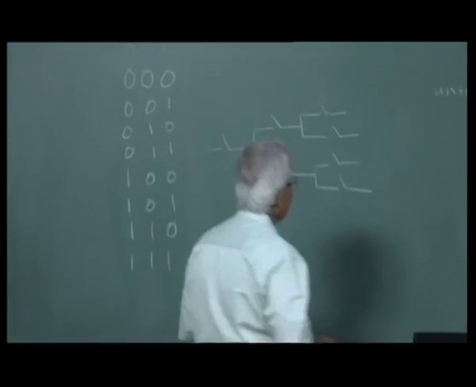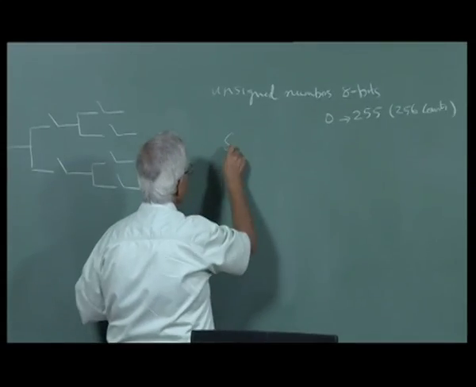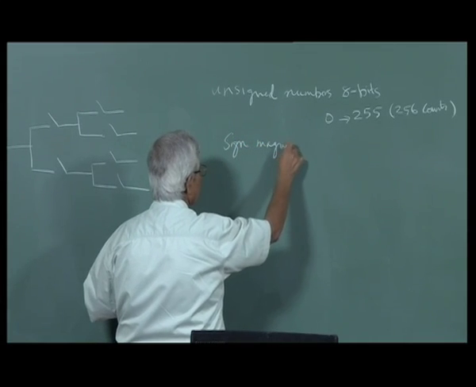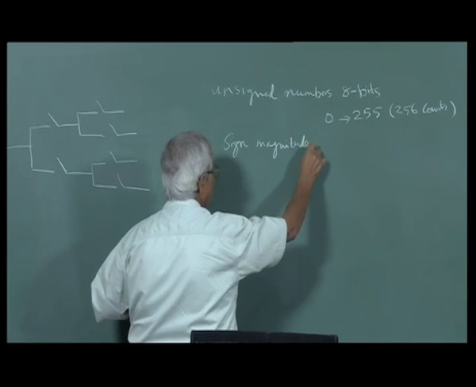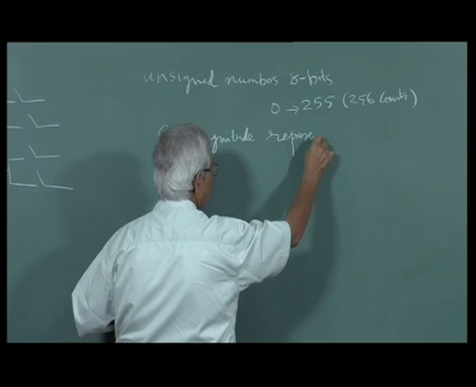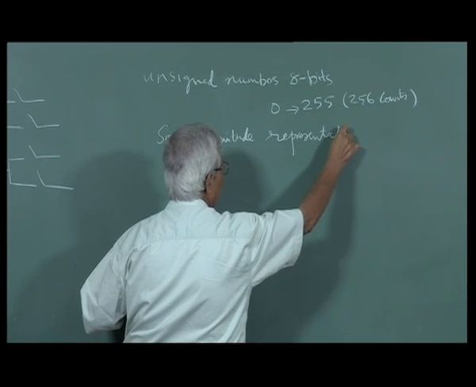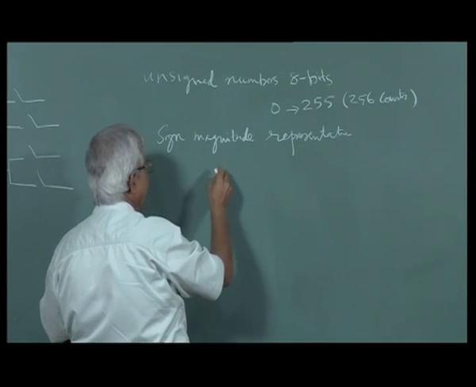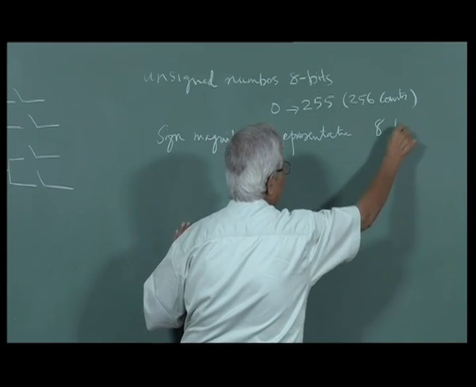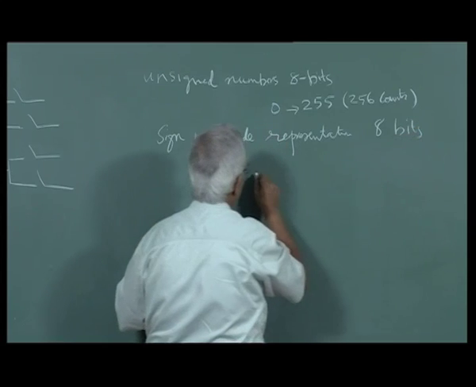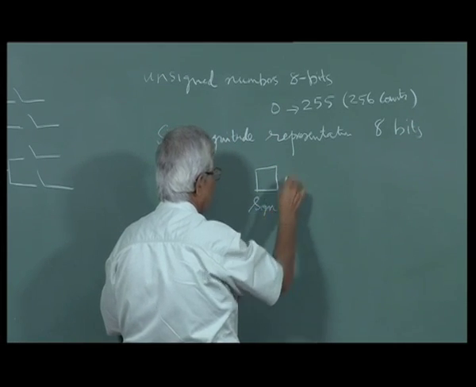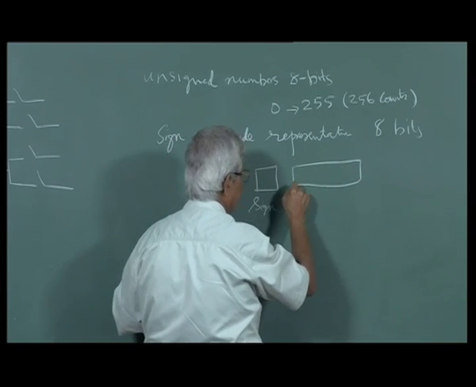Next is sign magnitude representation. So out of the number of bits, suppose again I have 8 bits. One bit goes for sign and 7 bits go for magnitude.